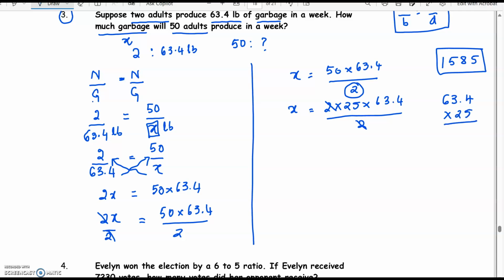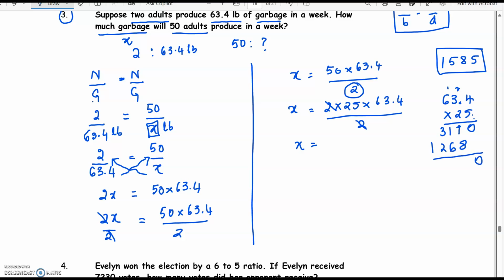Just remember what multiplication involves. If it has decimal numbers, we just multiply pretending like the decimal point doesn't exist, but at the end, we're going to place the decimal point using the correct rules. 5 times 4 is 20. 5 times 3 is 15 plus 2, 17. 5 times 6 is 30 plus 1, 31. 2 times 4 is 8. 2 times 3 is 6. 2 times 6 is 12.